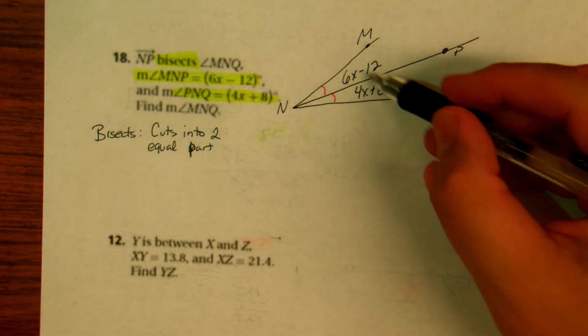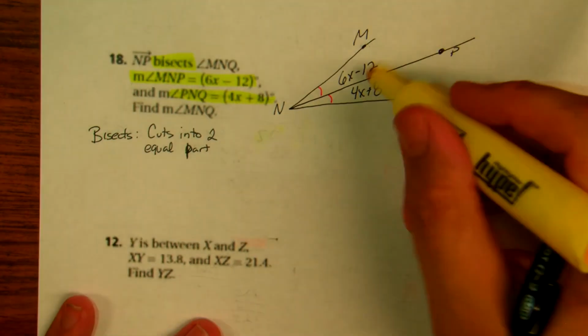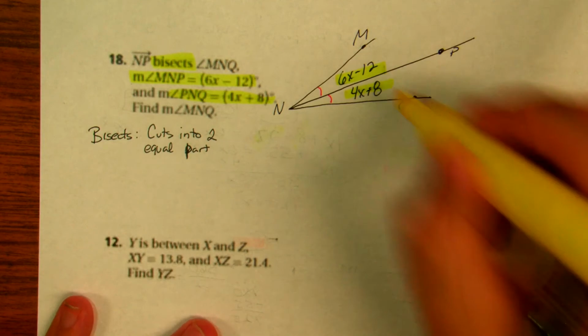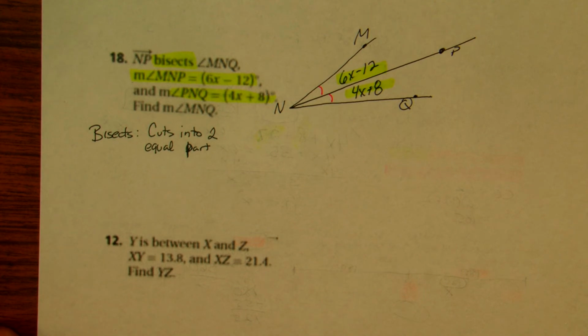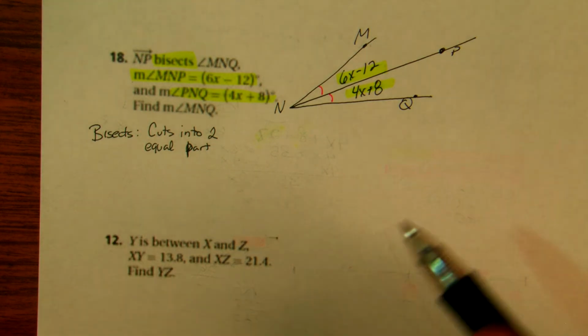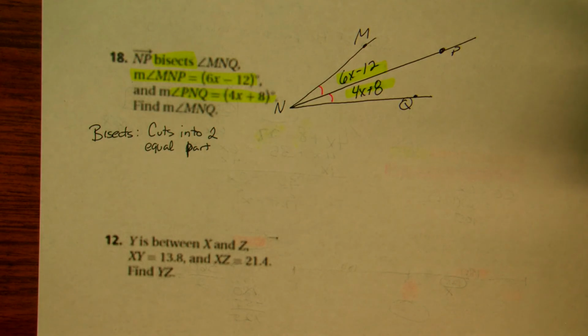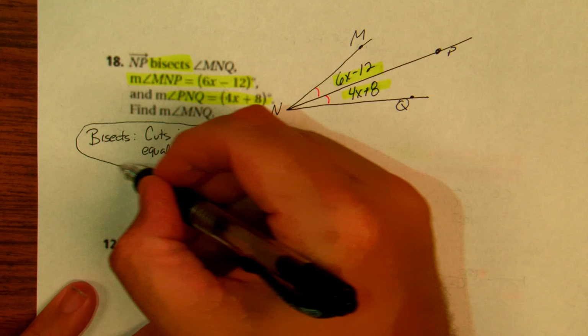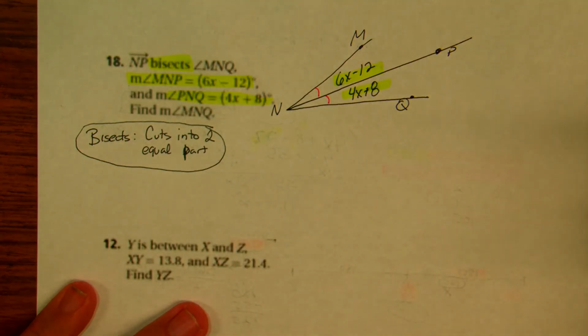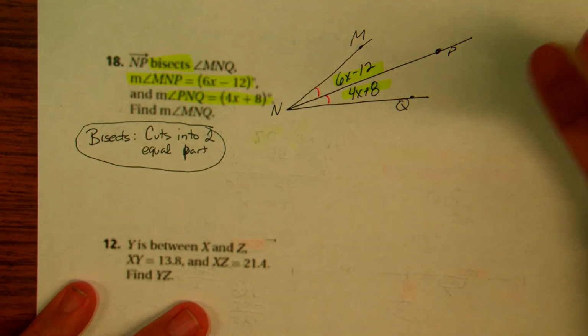What do I know about those 2? What was that? Not necessarily the equals to a sum because we don't know what the total value is. But what we do know is that they're equal to each other. And that comes from the idea that when you bisect the angles, you cut them into 2 equal parts. So we get 6x minus 12 is equal to 4x plus 8.